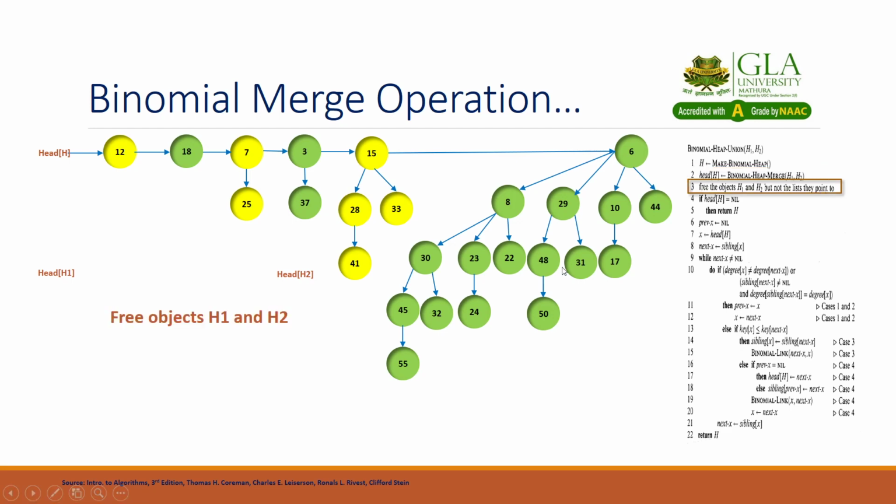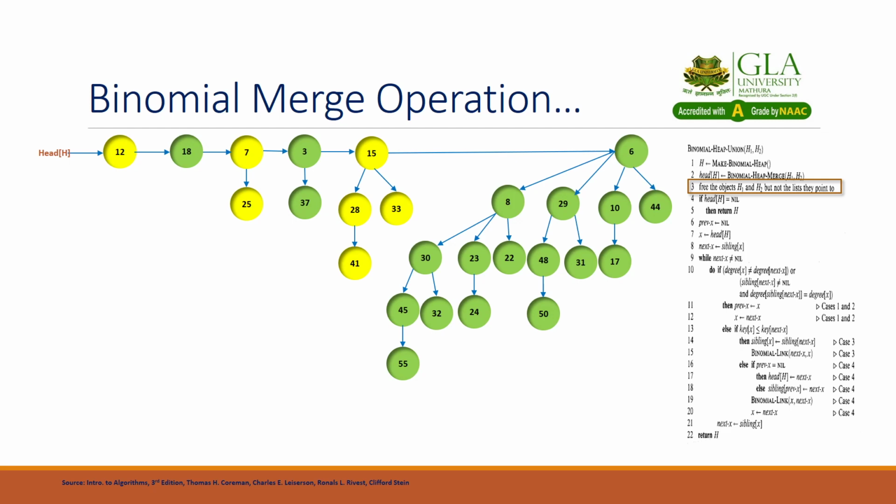The case after the third statement we will discuss in the next lecture, because statements 4 to 22 will give you the binomial heap. Now we have the heap only. We have merged the two binomial heaps into a heap, but this is not correctly a binomial heap because it is not following the property of the binomial heap.